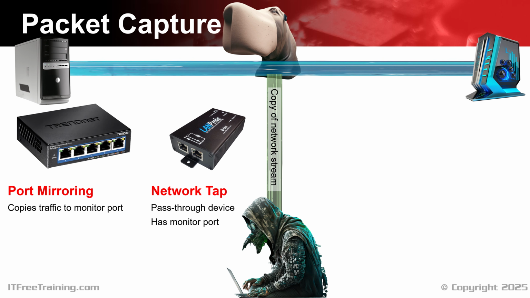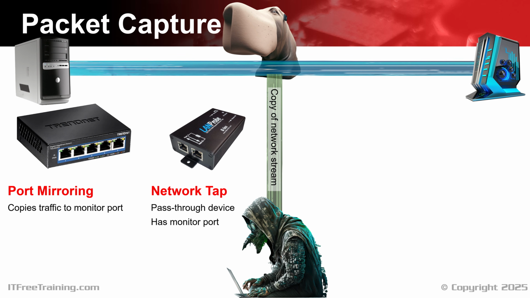A network tap is a device that effectively plugs into the network and acts as a pass-through device. This means the network traffic passes through the device in both directions. As the network traffic passes through the device, it can be captured and sent to your monitoring device via a monitoring port. In the case of this example, the output can be sent to the network or a USB.